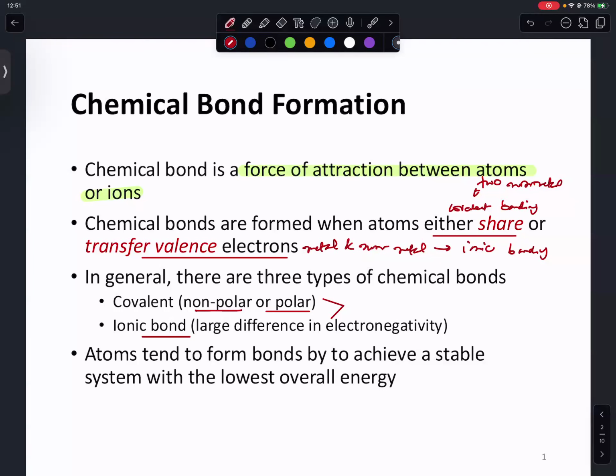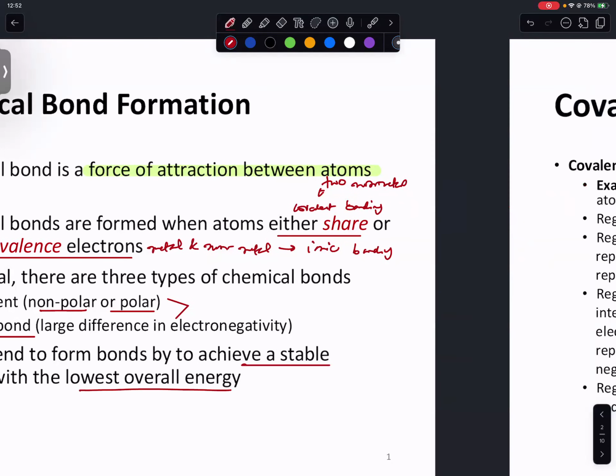The main purpose of atoms forming chemical bonds is to form a stable system in which the overall energy is at its lowest. So the goal here is to always lower the potential energy of the system.